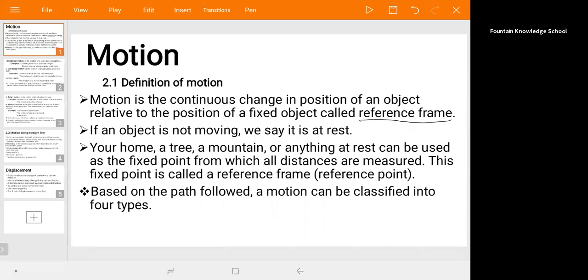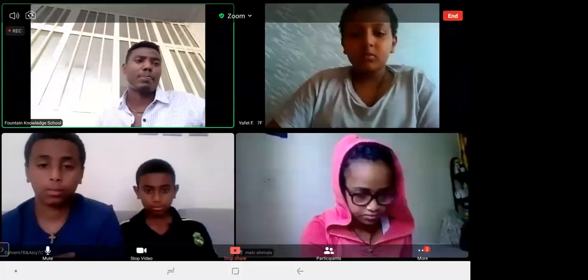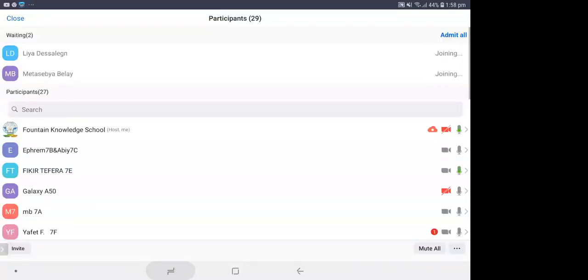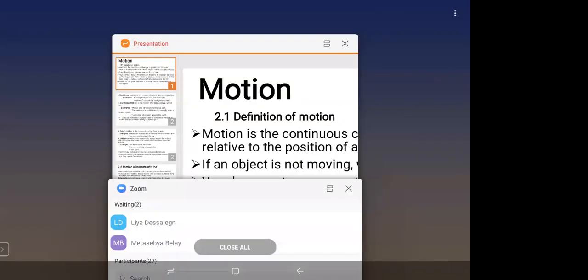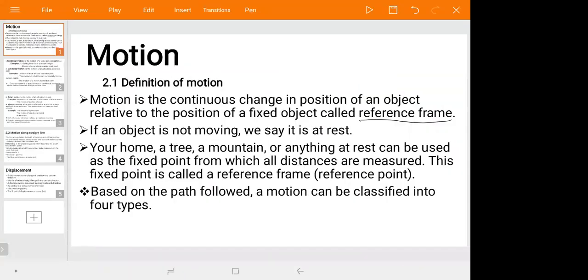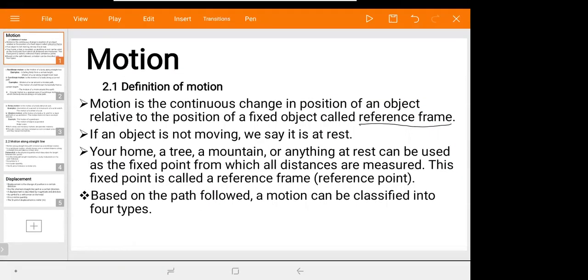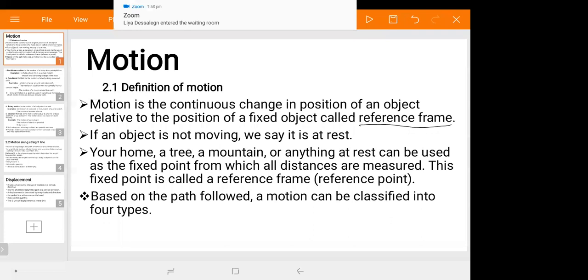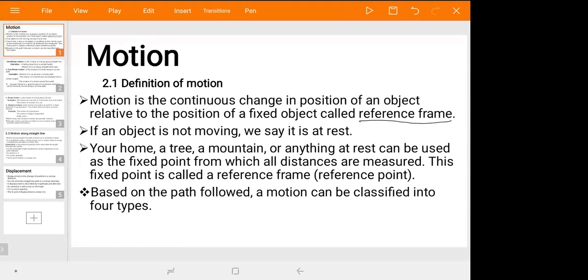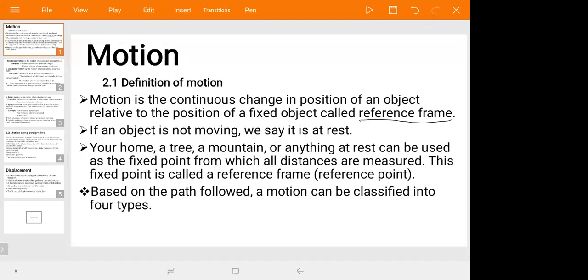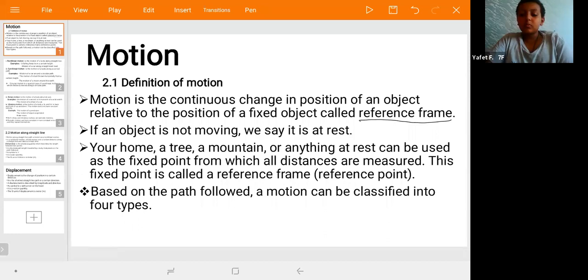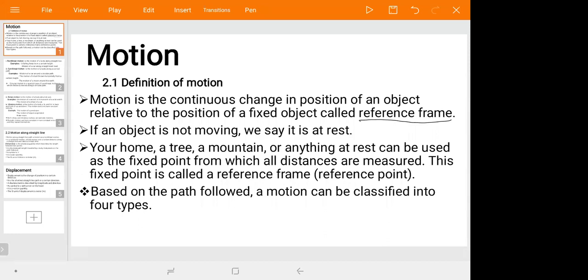So when we talk about this, you must know what motion means, what at rest means, what reference frames are, and what the examples of reference frames are. Your home, a tree, a mountain, and anything at rest can be used as the fixed point, which means the reference frame, from which all distances are measured.